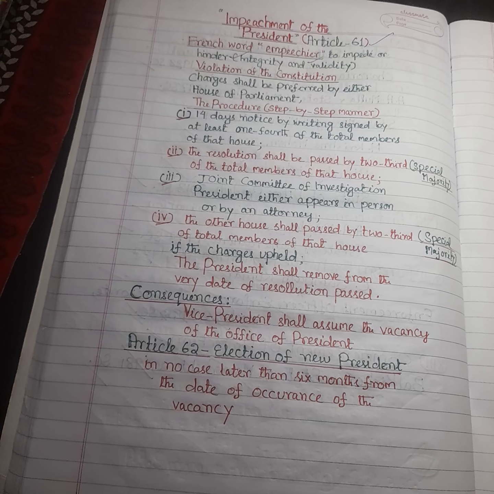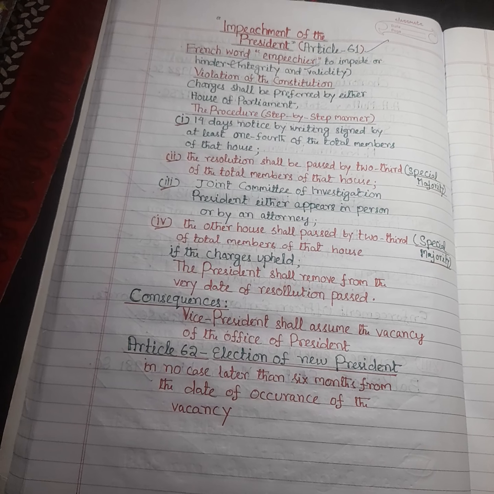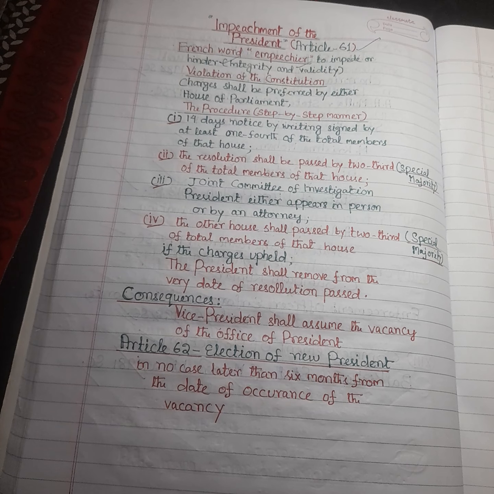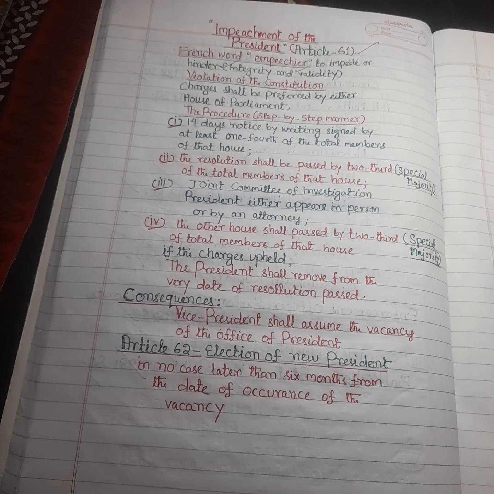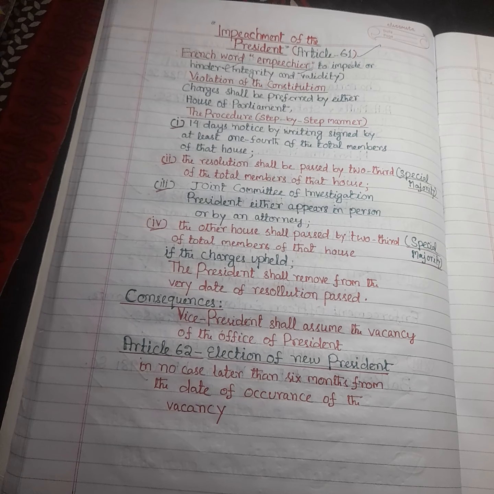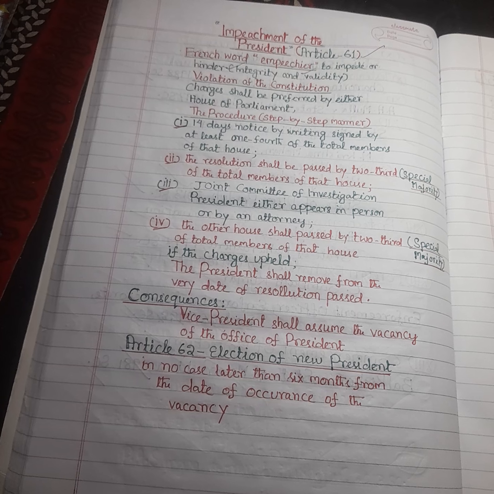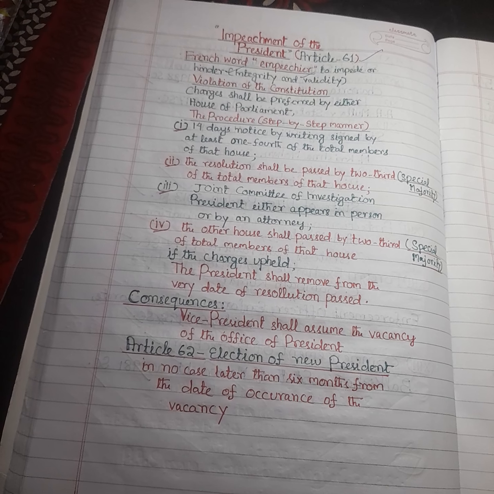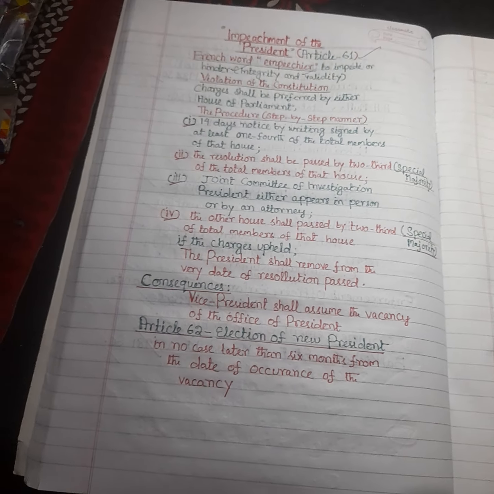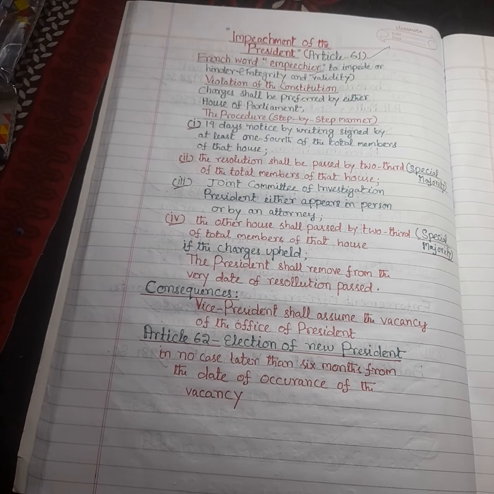So, in case of India, it is the violation of the Constitution by the President as provided under Article 61 that would make the President liable to be impeached by the Parliament.